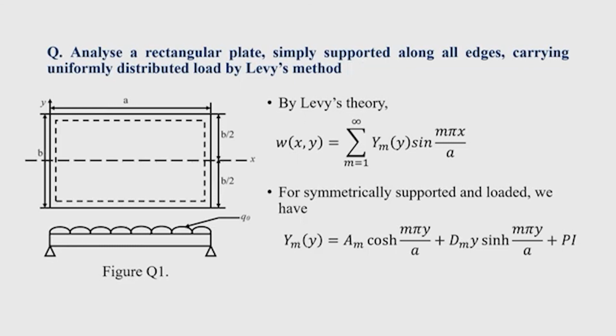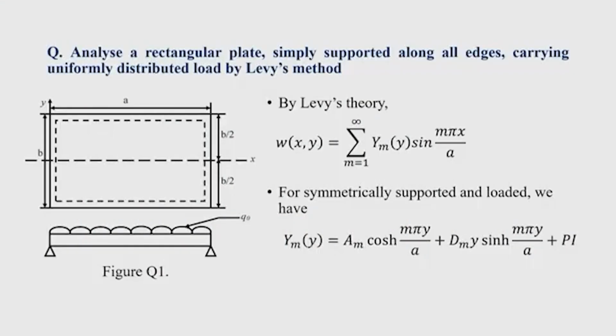Levy's method is more general, that means when all 4 edges are simply supported, you can also use Levy's method, but it relaxes more boundary conditions, that means it is also applicable when the other 2 edges are differently supported. But one necessary essential thing is that 2 opposite edges must be simply supported.